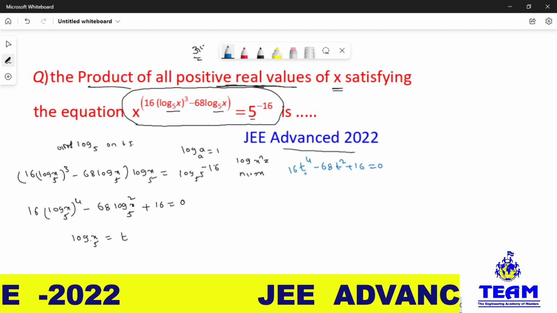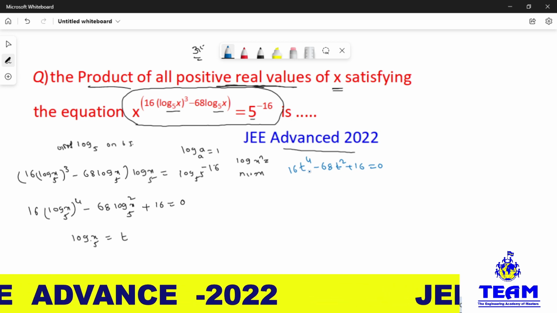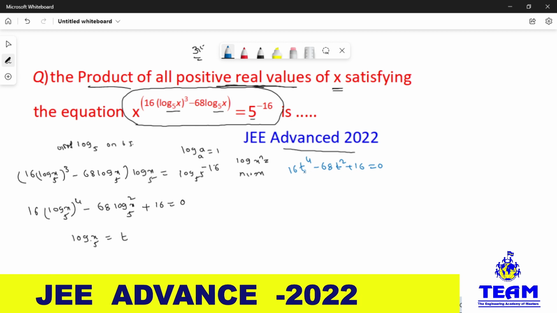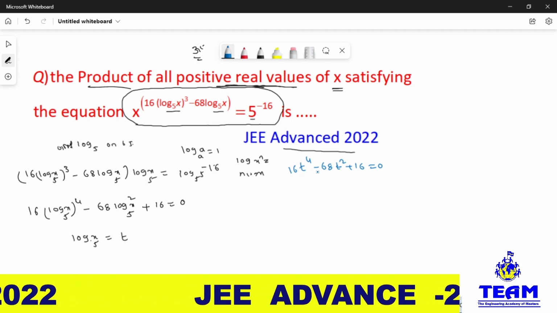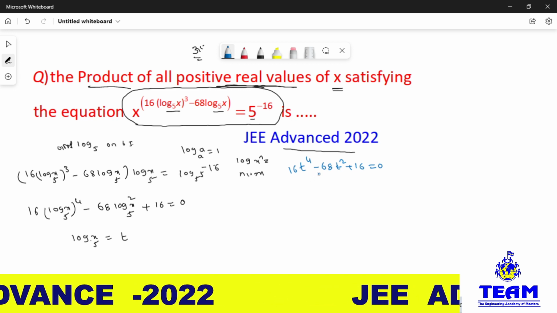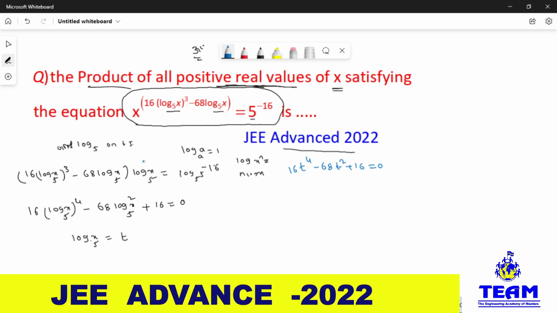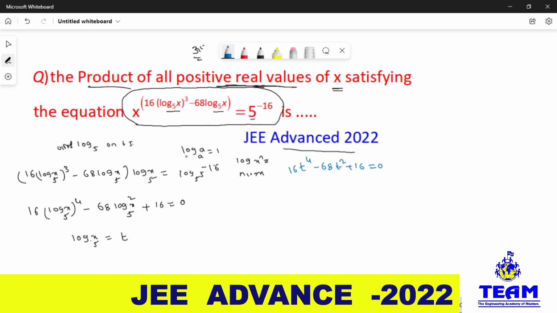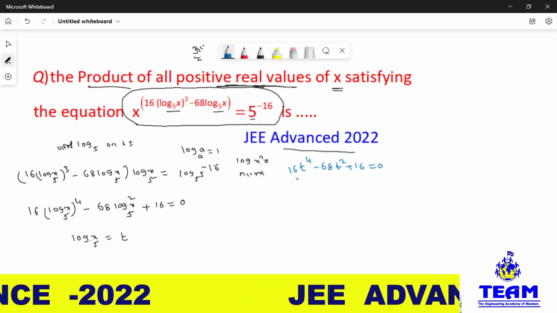Now, friends, based on the sum of the roots and product of the roots you can also find it directly, but I am using the factorization method. Here the sum of the roots is minus the t cube coefficient over the leading coefficient, that is 0, meaning t1 plus t2 plus t3 plus t4 is equal to 0. Here all the t's are log x base 5. You can do it that way, but I am doing factorization.